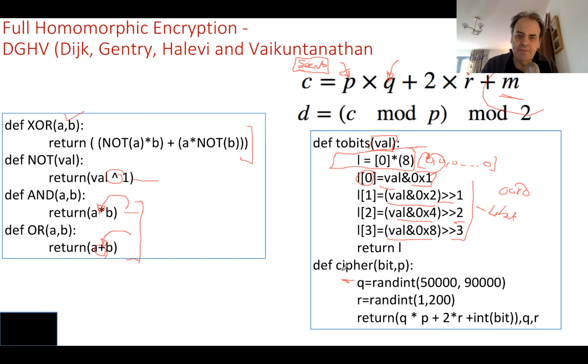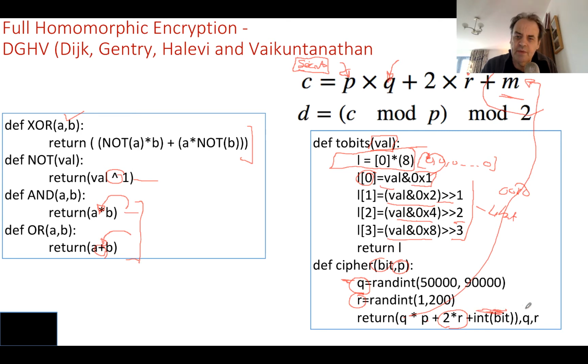So the cipher itself takes the bit and then takes the secret key that we've created. It then creates random numbers Q and R, and then does the calculation that we saw there. So there's P times Q times 2R, plus our integer.